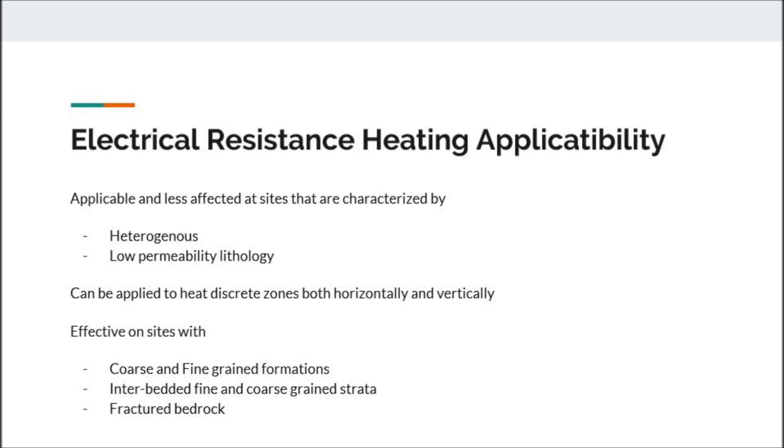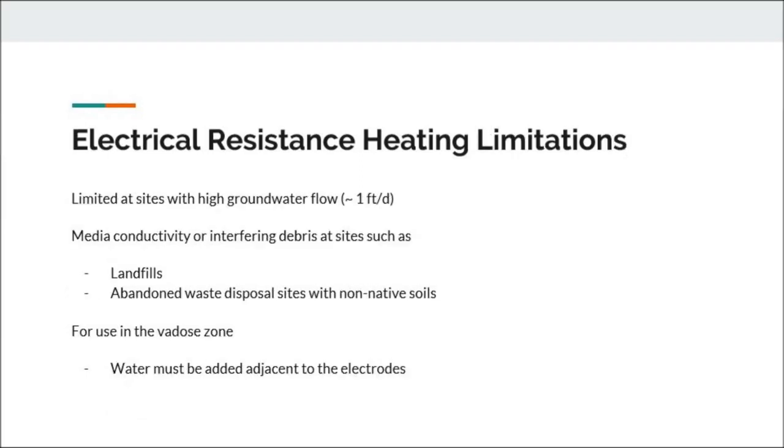It can also be used to heat discretely, both horizontally and vertically, through bed fractures. This treatment method also excels with sites that have both coarse and fine grain, as well as interbedded fine and coarse grain strata, as well as fractured bedrock. This is typically in sedimentary rock formations such as sandstone and limestone.